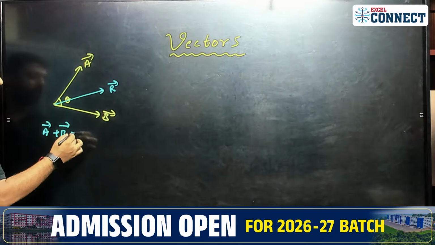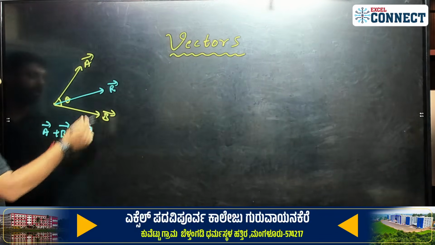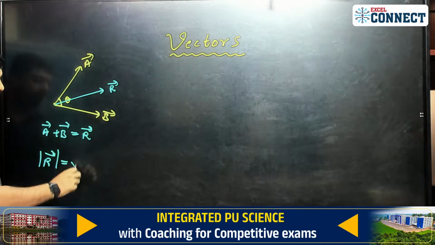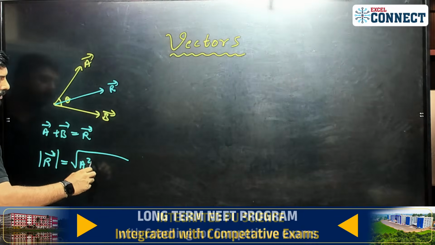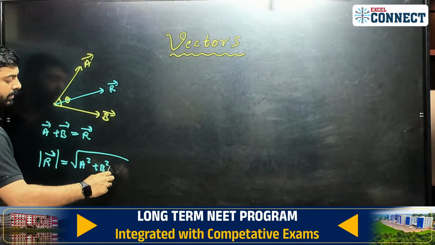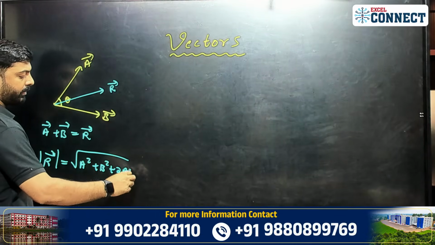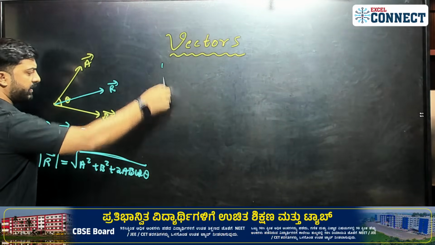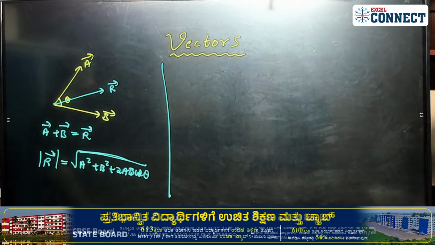When you add them, you will get a new vector which is R. If you want to find the magnitude, then it is root of A square plus B square plus 2AB cos theta, right? These things were discussed in the last class.